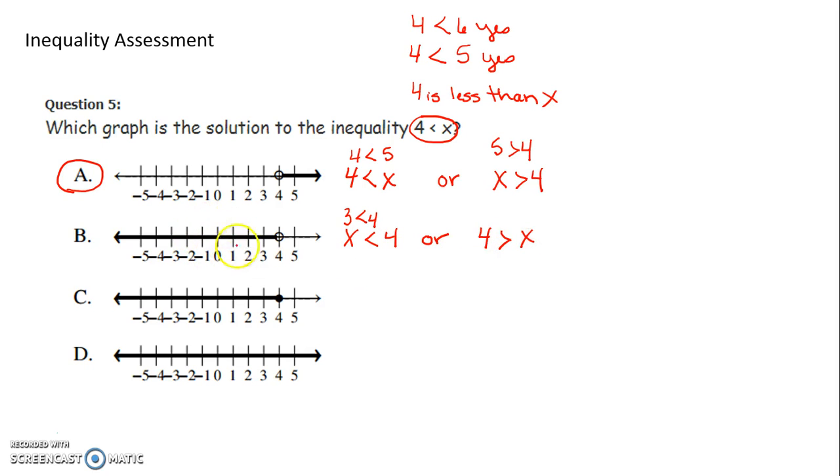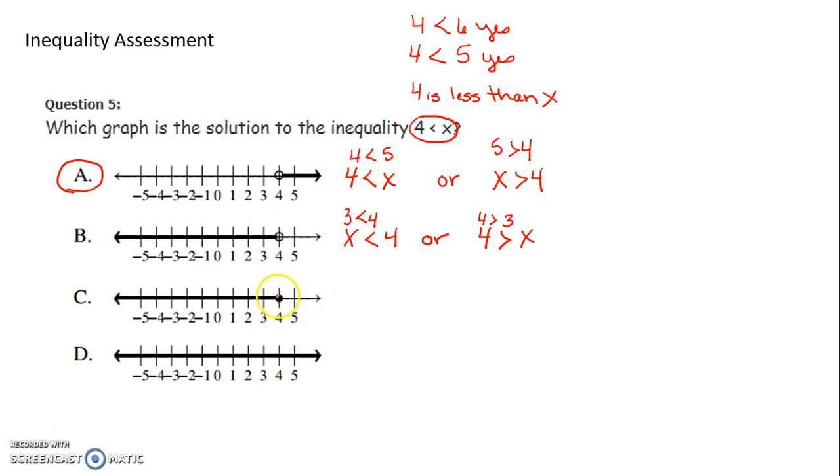And then you could substitute some values in to be sure. Is 4 greater than 3? It sure is. So this letter B could be written as 4 less than x, or, x less than 4, or 4 greater than x.